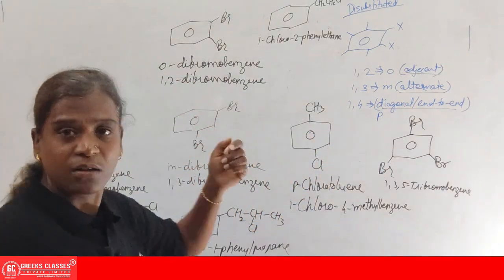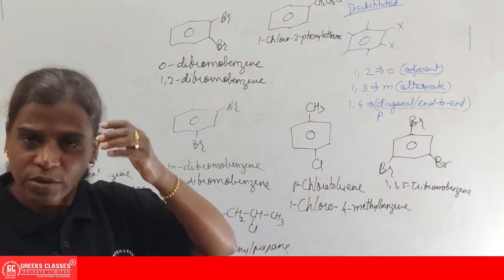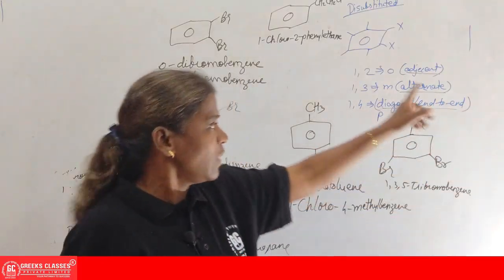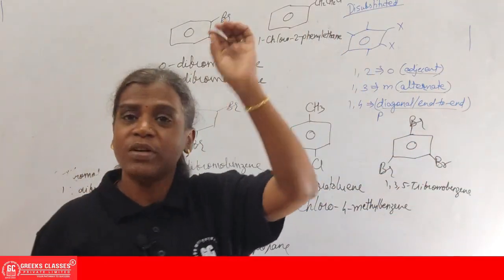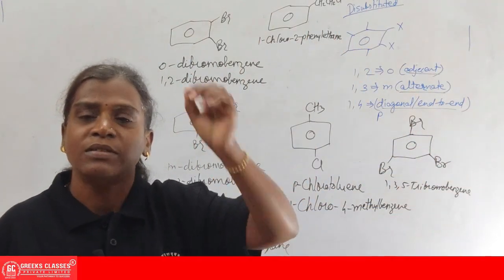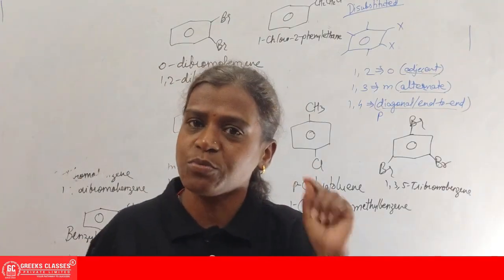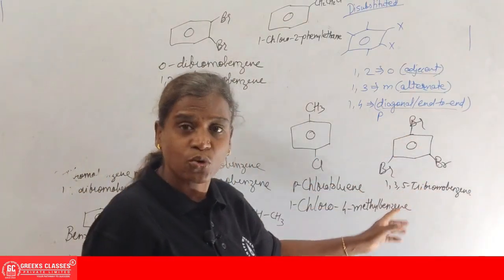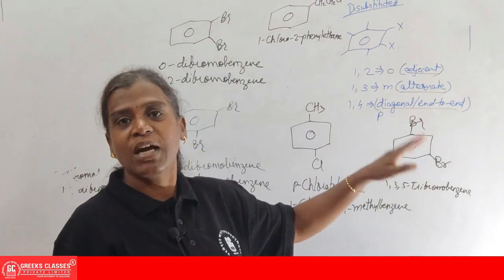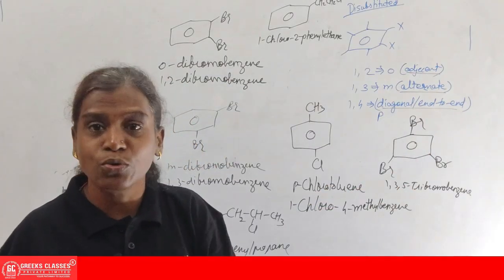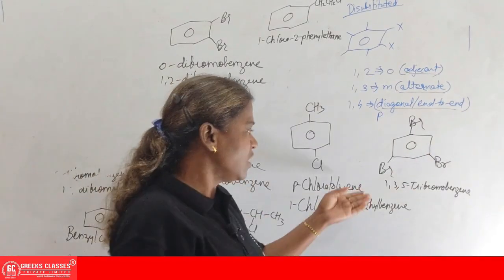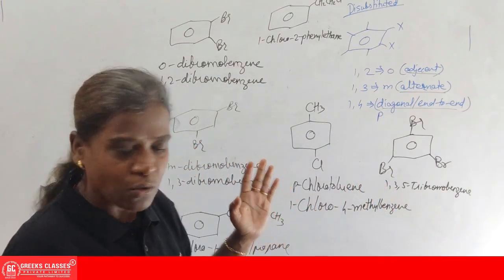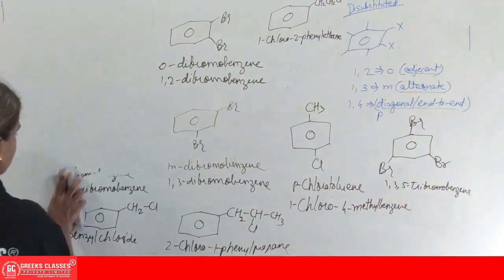Why not? Because ortho, meta, para is applicable for disubstituted compounds. But here there are 3 bromines, so you cannot introduce those meta prefixes. So better you focus on writing the nomenclature using numbers only.